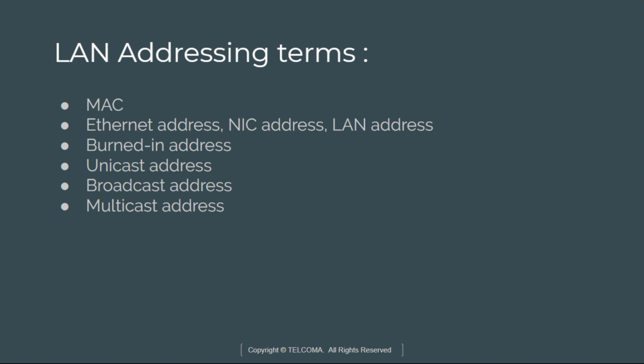Under LAN addressing terms, we have MAC, Media Access Control. 802.3 Ethernet defines the MAC sublayer of IEEE Ethernet. Then we have Ethernet addresses, NIC addresses or LAN addresses. These are other names often used instead of MAC address. These terms describe the 6-byte address of the LAN interface card.